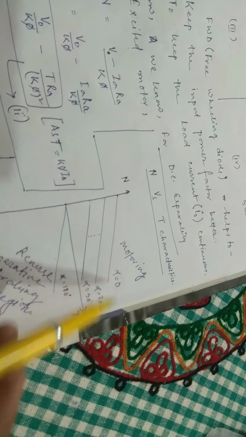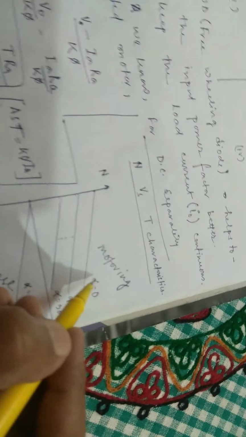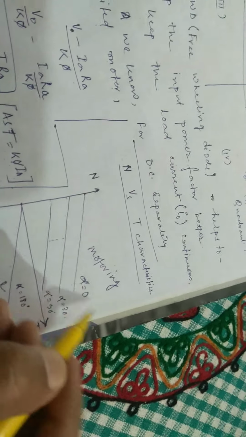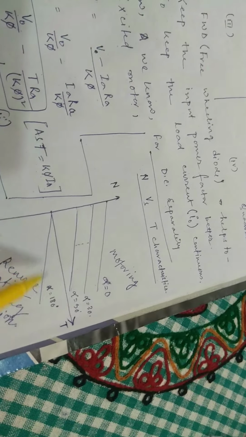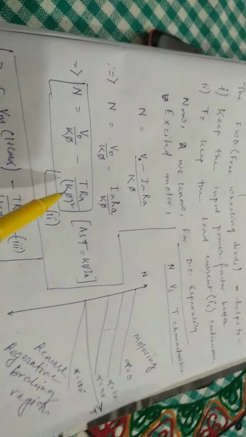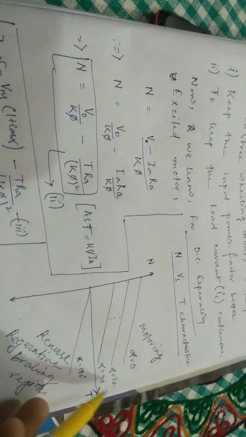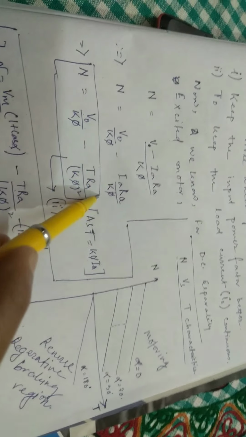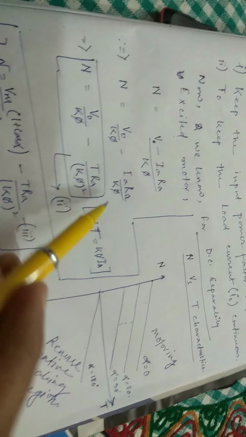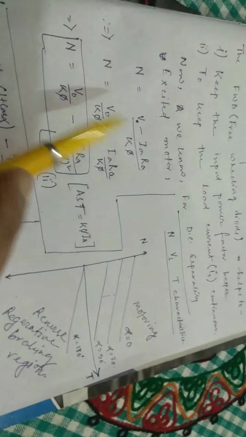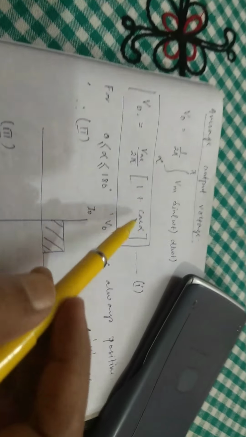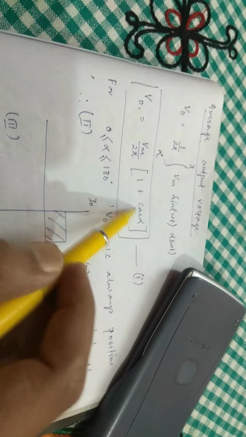We see that for alpha equal to 0, alpha equal to 30, alpha equal to 90, we get different curves, and for alpha equal to 180 we get the no load curve. So at alpha equal to 180, what happens? Torque is 0, so this term is cancelled, and V0 at alpha equal to 180 becomes 0, because cos 180 is minus 1, so 1 minus 1 is 0.